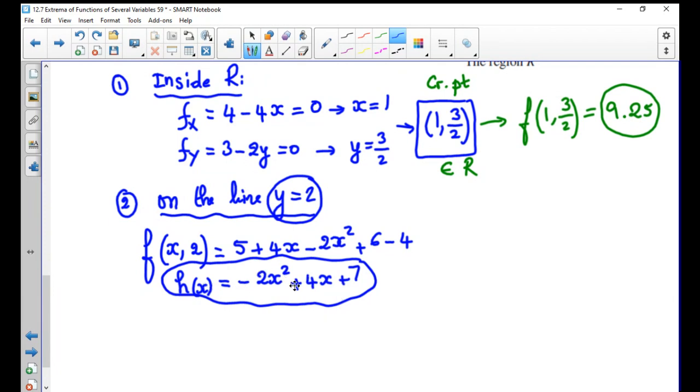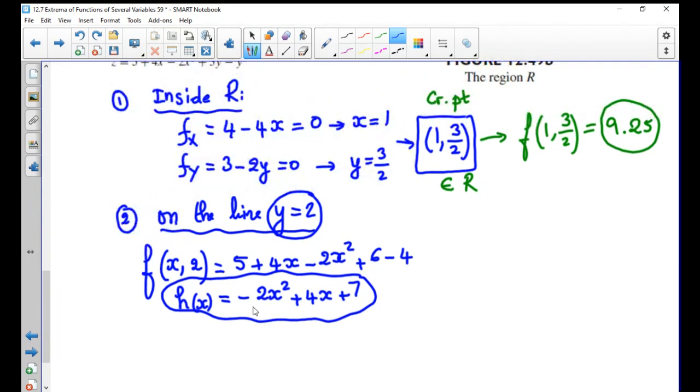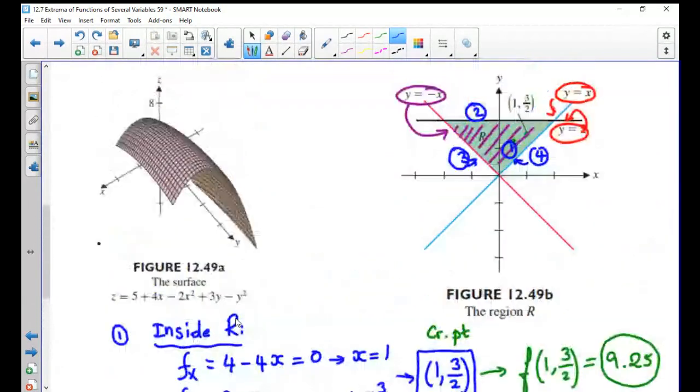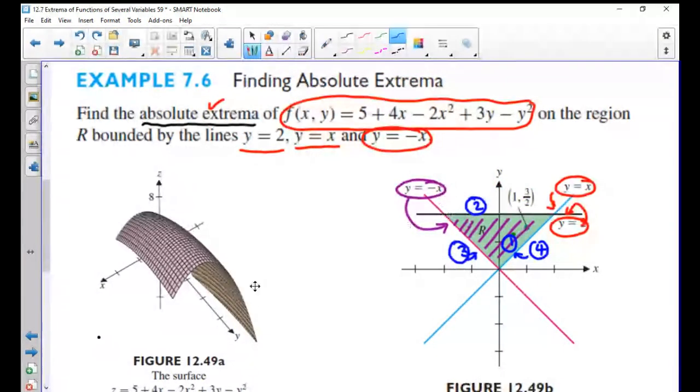It's only a function of x, so it's a function of one variable. I can find its absolute maximum the way we did in the example before. Now first, on the line y equal 2, you can see it here. x goes from where to where? From minus 2 to 2, exactly.